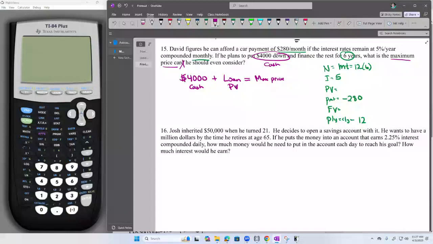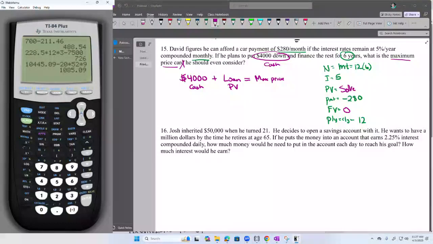So we need to put all this in and solve for present value, which is the loan amount. So future value would be 0, and we're going to solve for present value. So I'm going to go to Apps, Finance, TVM Solver, type in my 12 times 6, and 5, come back to present value, -$280, 0, monthly, and I want to solve for present value.